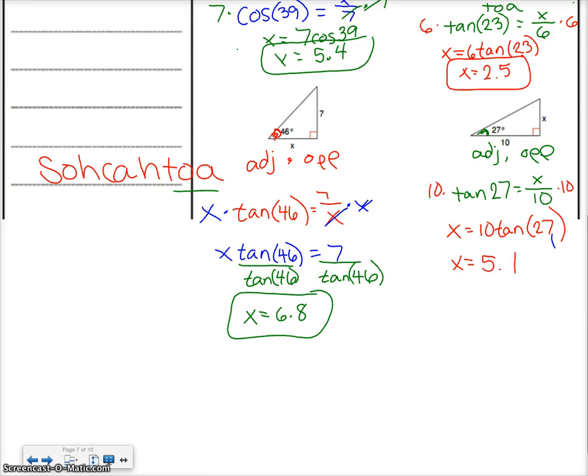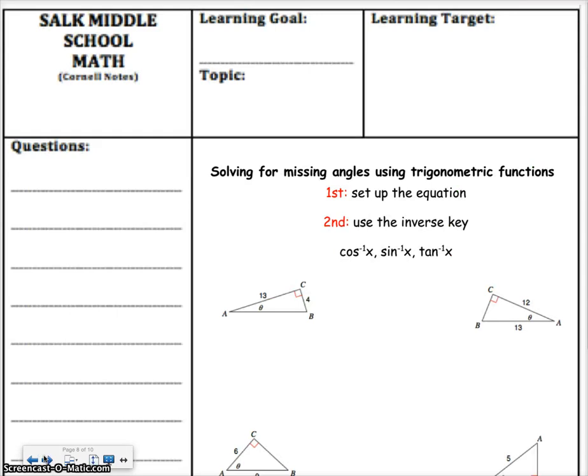That's learning target number 1 that I have for you. My goal, if I give you a missing side length, you can create a trigonometric function and solve for it if you're given an angle. We're also going to solve, instead of side lengths, our next learning target: solving for missing angles.